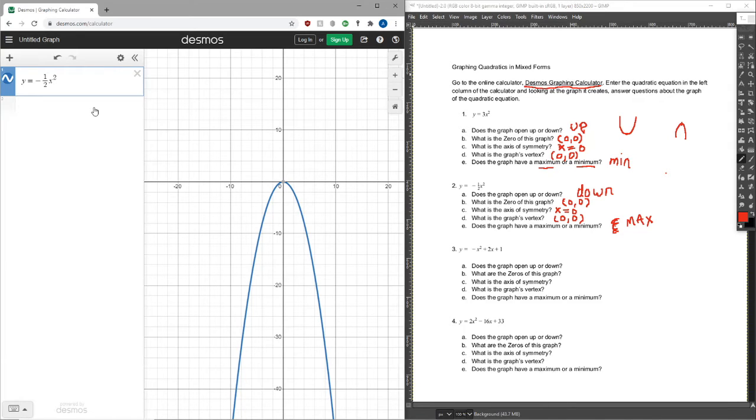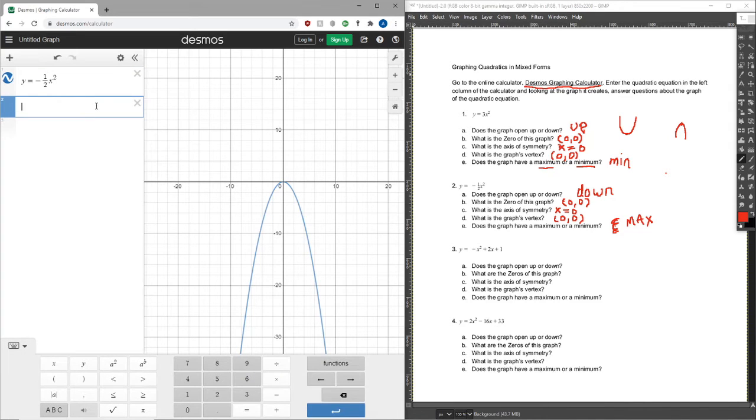All right, let me show you what happens if you don't erase your graph in Desmos. You can start adding extra graphs on top of it. The problem is sometimes it gets a little bit confusing. But we'll just do this to show you what happens. So we'll say the next one, y equals negative x squared plus 2x plus 1.